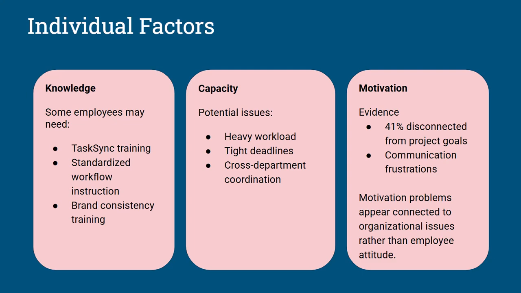These are legitimate knowledge gaps that training can address. However, employees also face capacity challenges, including heavy workloads, tight deadlines, and the need to coordinate across multiple departments. These issues limit performance even when employees have the necessary skills.